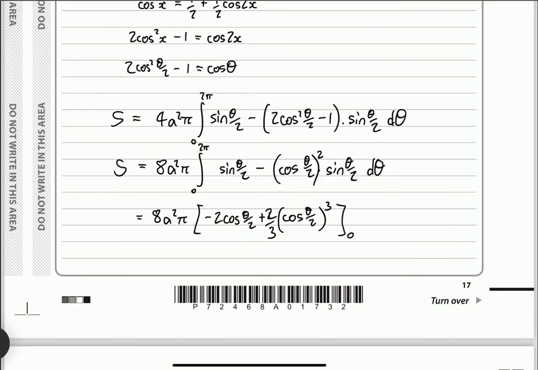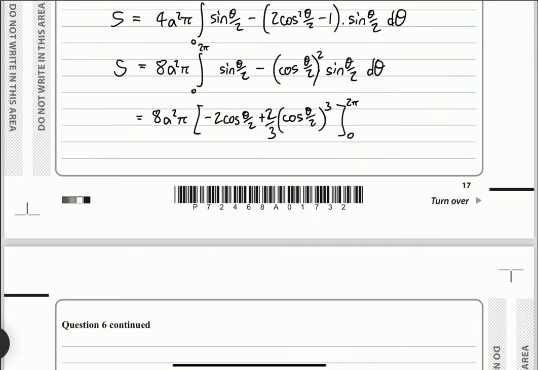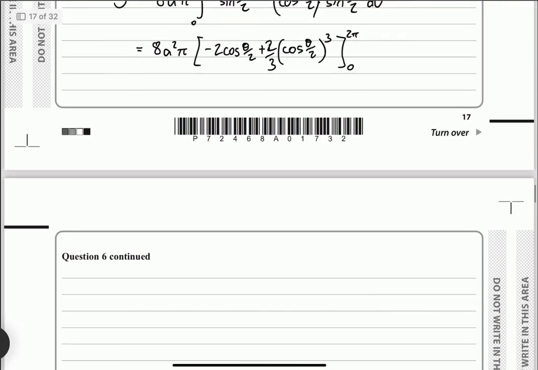Now we can do 0 to 2 pi here and evaluate. And that's quite nice because as we put 2 pi in, we're going to divide it by 2 in both of these terms, which gives us cosine of pi, which is minus 1, and cosine of 0 is 1. So either we're getting 1 or minus 1 out of these cosine terms. So we've got equals 8a squared pi.